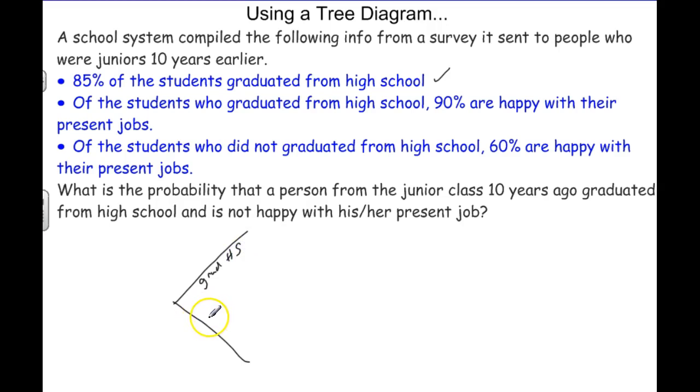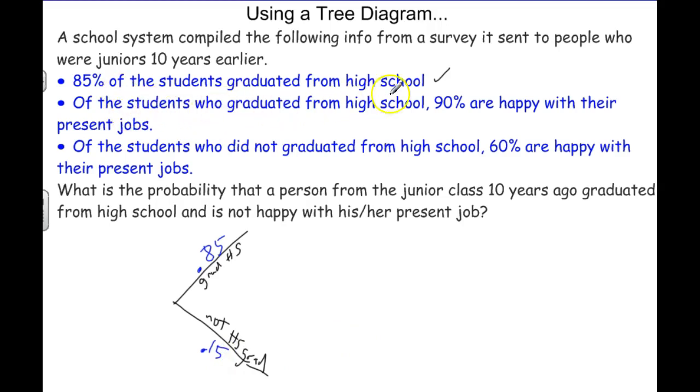And this one would be not high school grad. So it's the opposite. So you either graduated or you didn't graduate. Those are the 2 options. The probability of this happening, it says, is 0.85. So 0.85, 85% of folks, graduated high school, which means by default, it doesn't say it, but you know that 15% did not graduate high school.